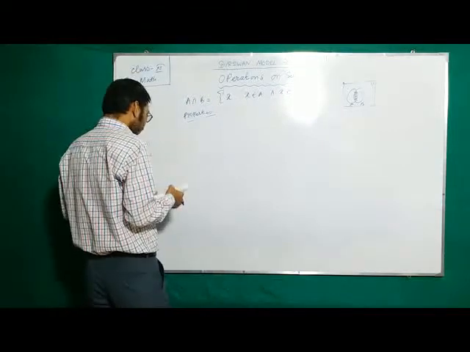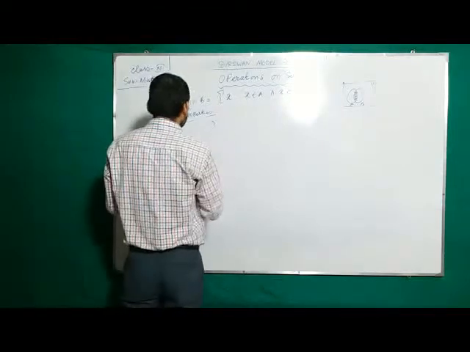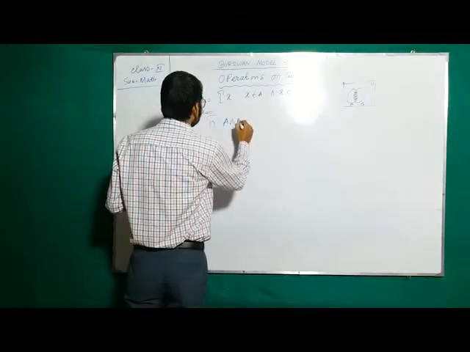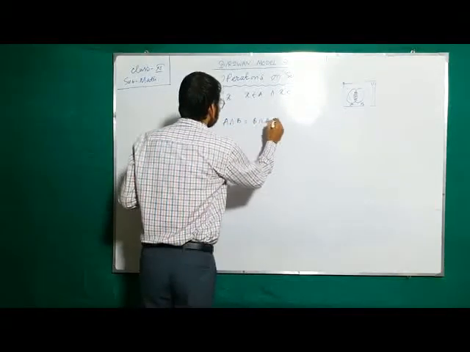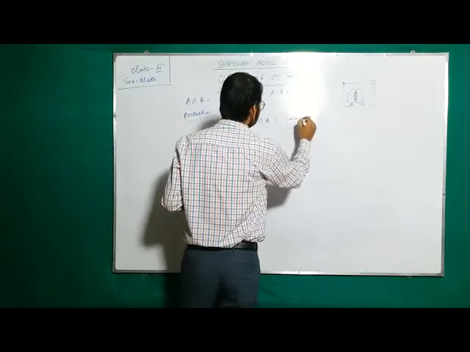Now, the first one is the commutative property. A intersection B equals B intersection A. This is the commutative property.